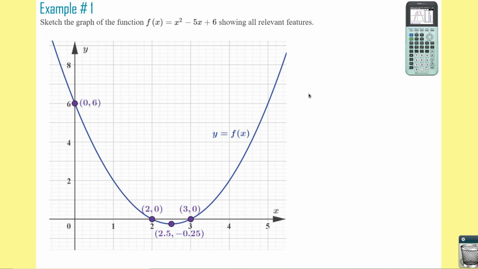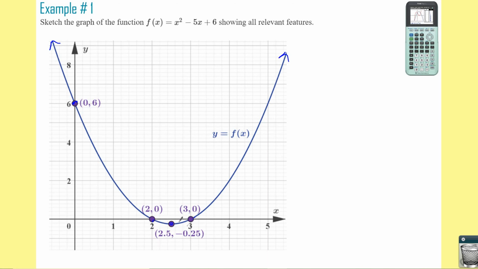Okay, so now this is what I'm looking for on your paper. I don't know why Cognitive does this, but I want arrows on yours because I want you to know that it goes on forever. Those aren't ending points. So we found the y-intercept, the x-intercepts, the minimum.